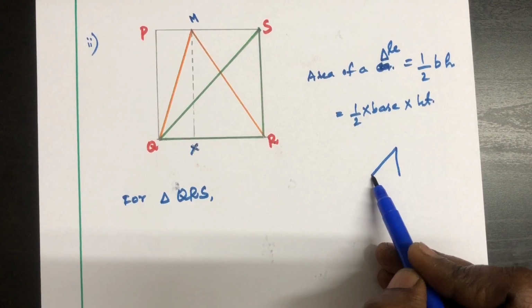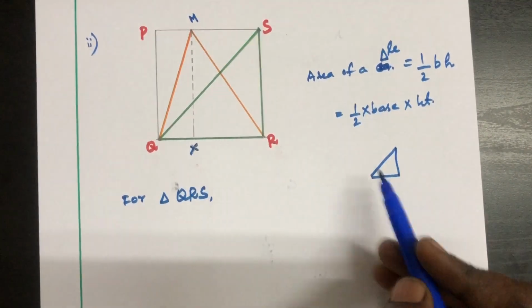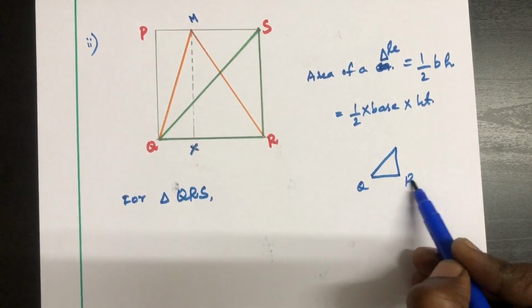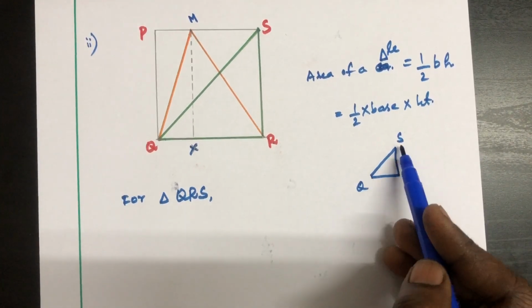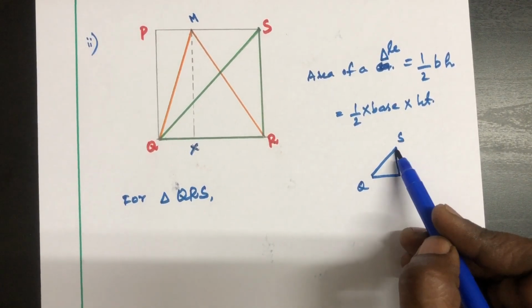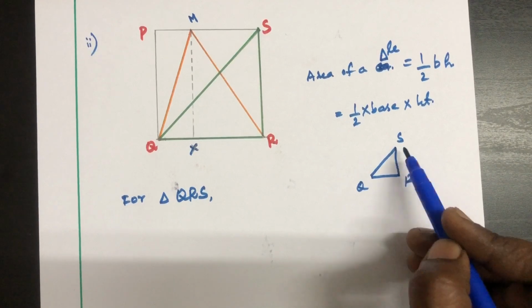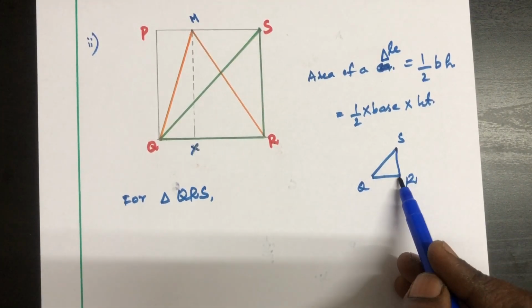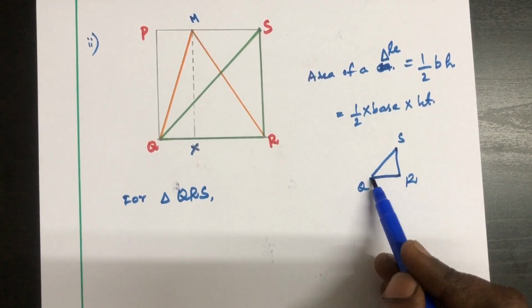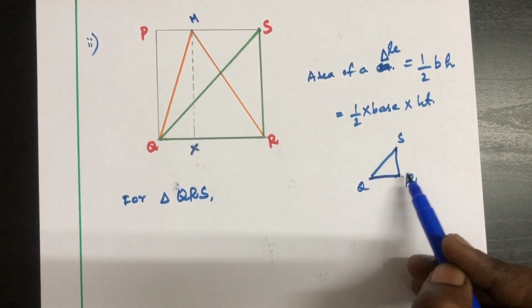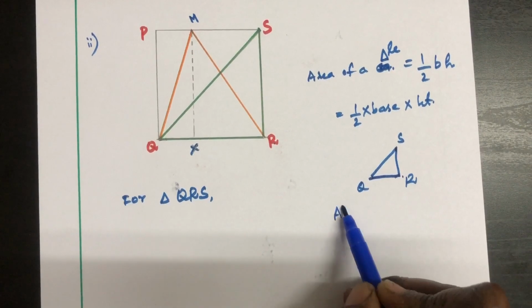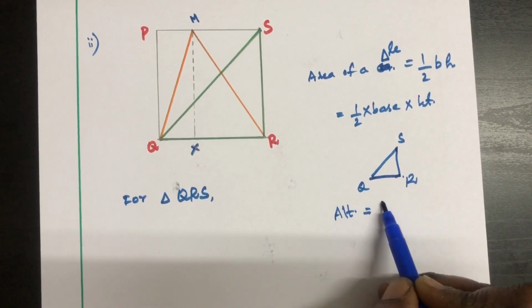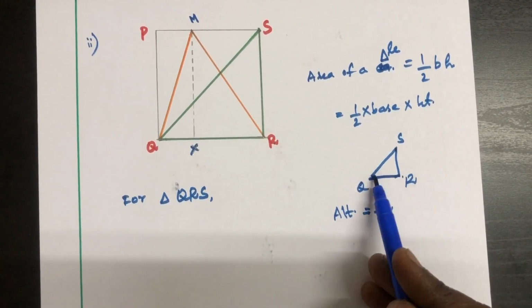Altitude means from a vertex, if we draw a perpendicular line to the base, this is the base, correct? So SR is the altitude, and the base is QR.